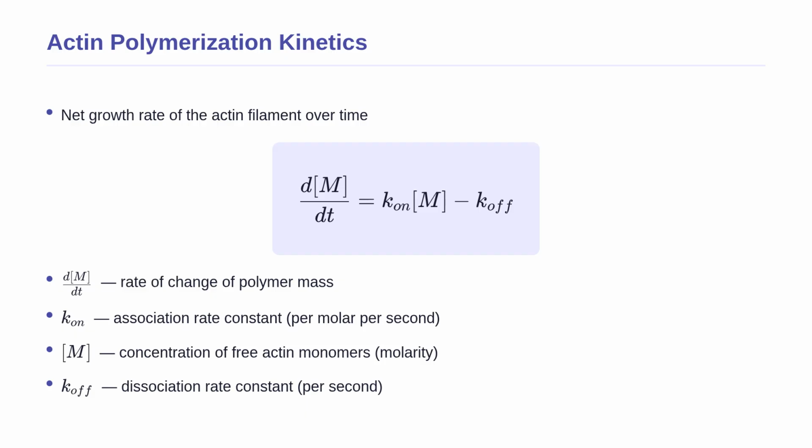The symbol K-on is the association rate constant, measuring how quickly new actin monomers bind. M is the concentration of free actin available in the cell. Finally, K-off is the dissociation rate constant, showing how fast monomers leave. If the free monomer concentration increases, the filament grows faster.